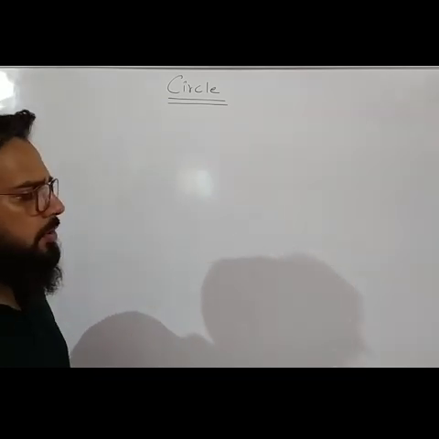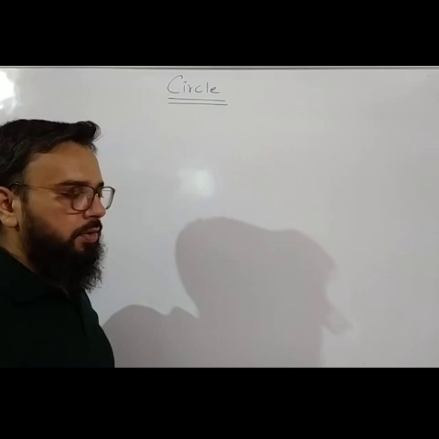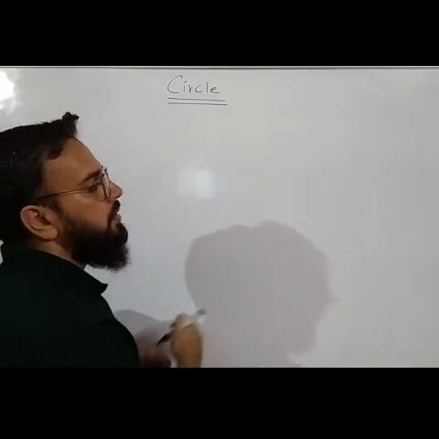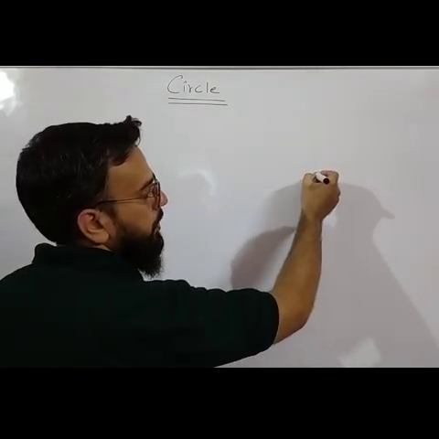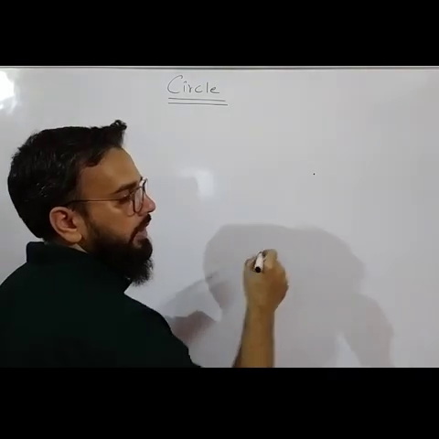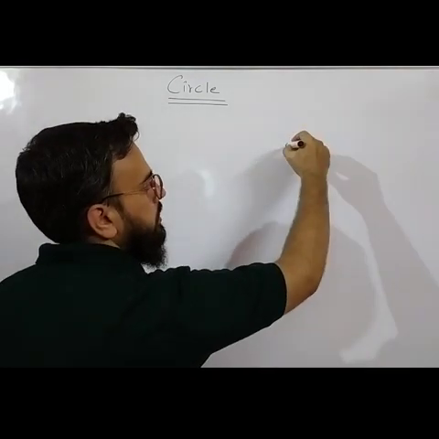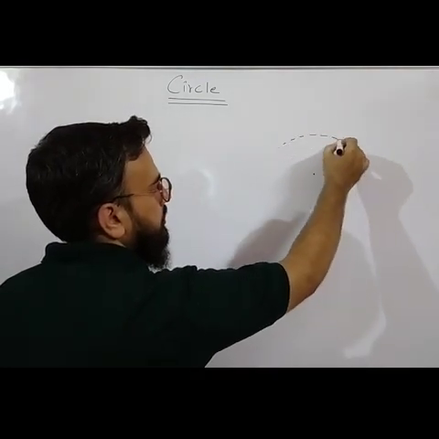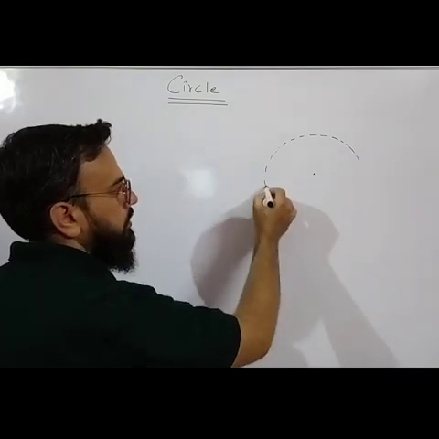So basically, if you draw a circle, what do you do? You take a compass and point the compass on the paper and take a particular radius and mark the points from your pencil in this way.